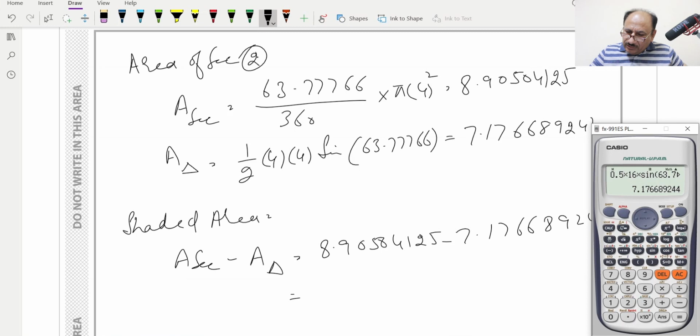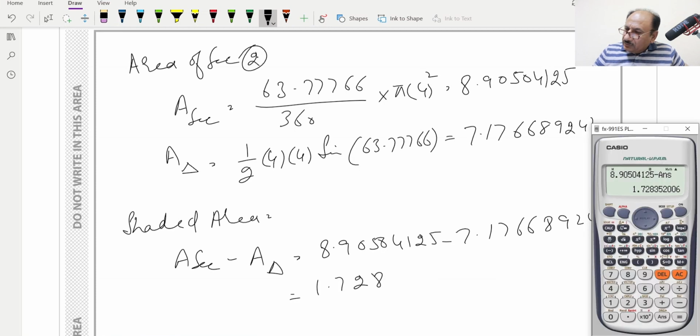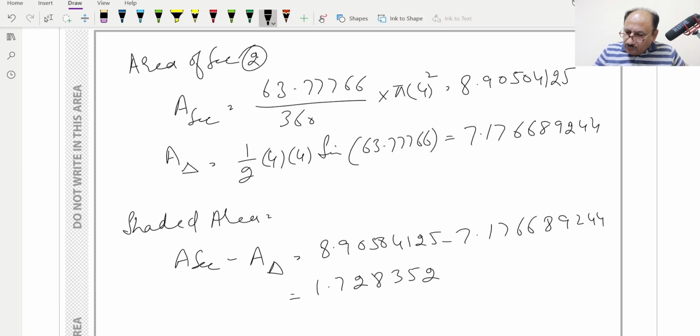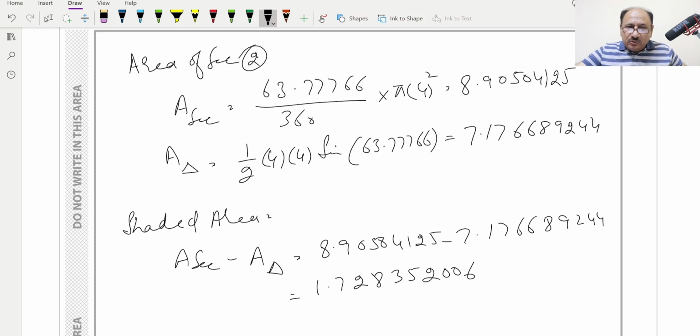This number is already there, so we will write 8.90504125 minus the answer, which is equal to 1.72835206.